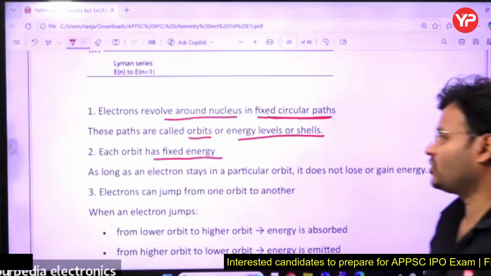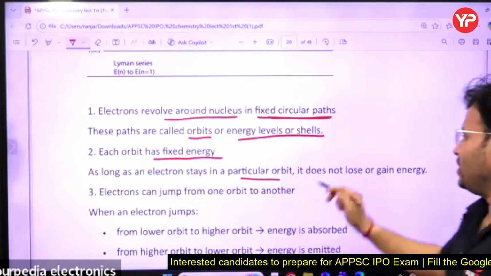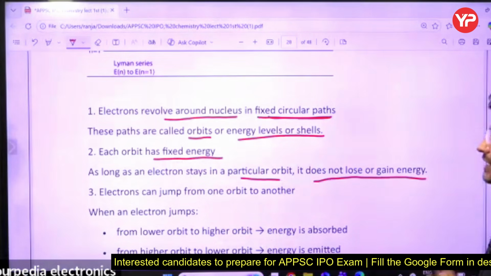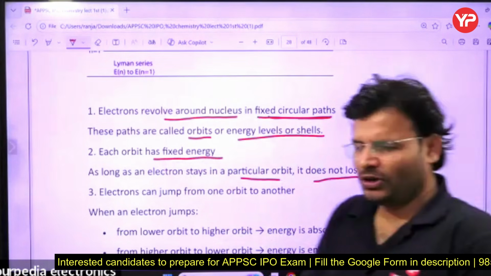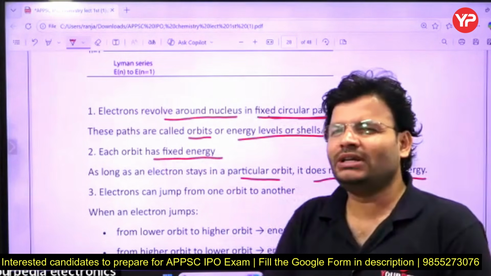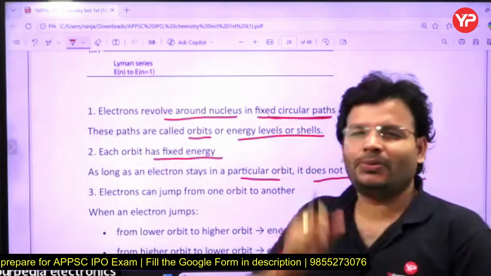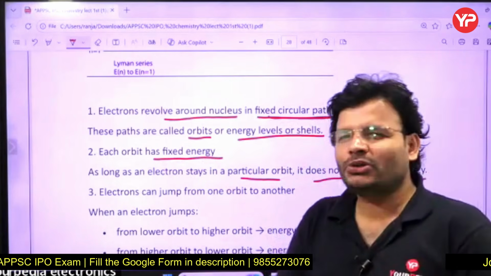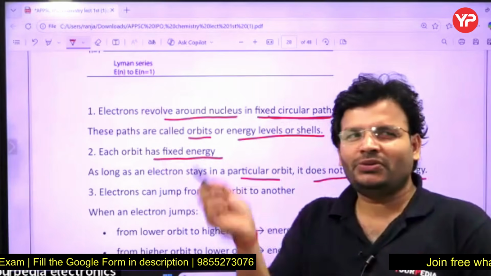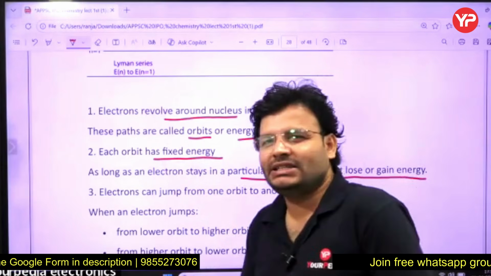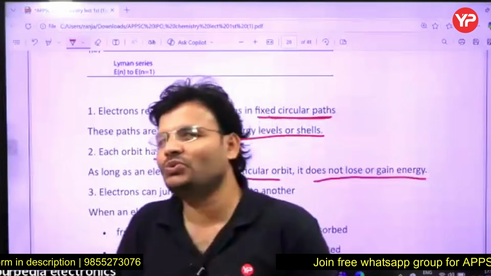As long as an electron stays in a particular orbit, it does not lose or gain energy. Rutherford said the electron just revolves, but then the common question came: if they revolve, how do they get energy? Ultimately they would collide with the nucleus.